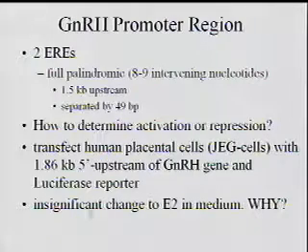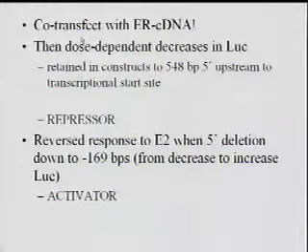You get an insignificant response to the change in estrogen in the medium. Why might that be? Well, it's because those JEG cells don't express the estrogen receptor gene, so you have to co-transfect those cells with the estrogen receptor cDNA, to get the estrogen receptor in there.